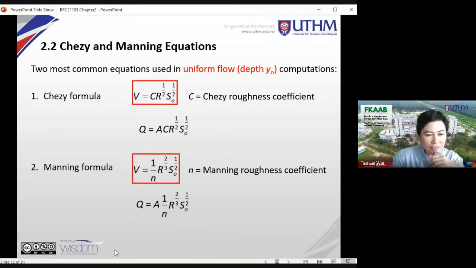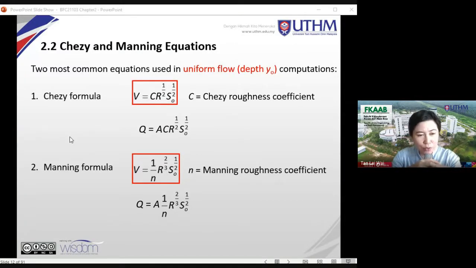Last class, we looked at two formulas, two equations that we can use to find the depth of uniform flow. Look at the first statement there. These two formulas can be used to find the depth of uniform flow, which are the Chezy roughness flow equation and the Manning roughness flow equations.